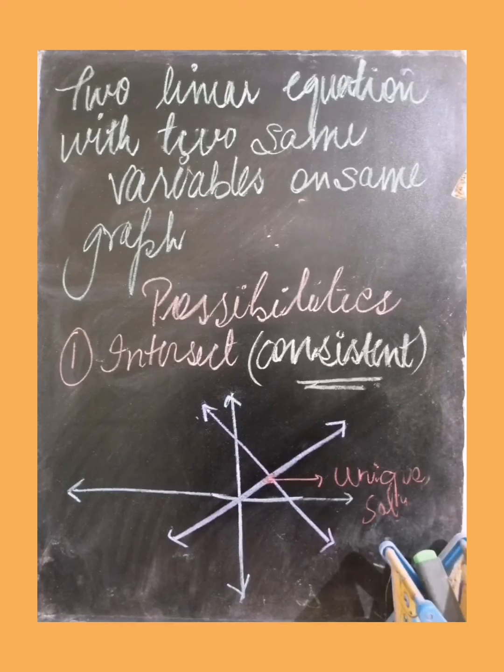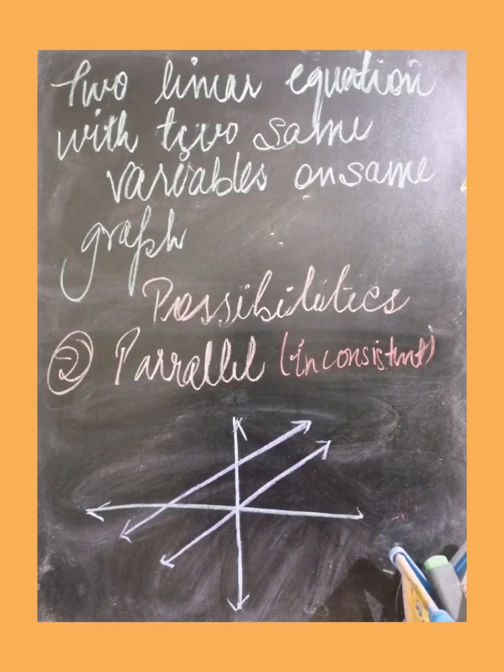That is the first possibility. The second is that they will be parallel, or inconsistent. You can see the two lines. These two lines are two linear equations, but they are parallel to each other. This is our second possibility, and this is known as inconsistent.